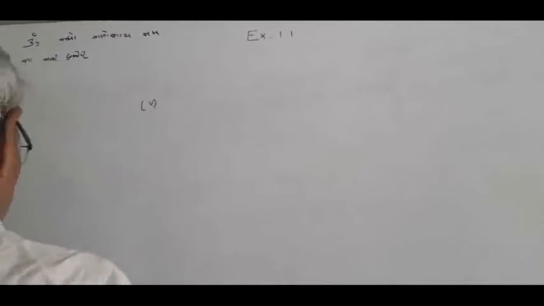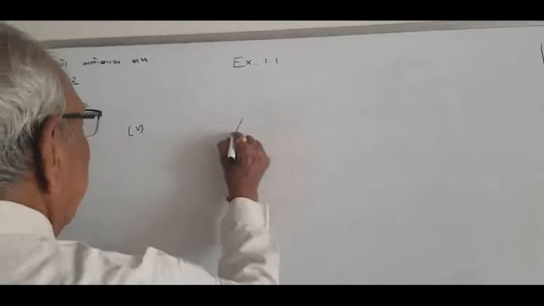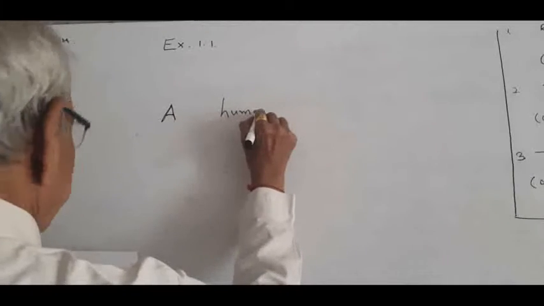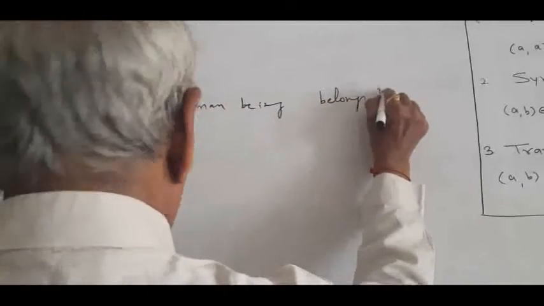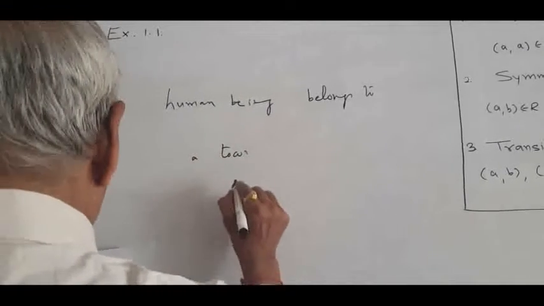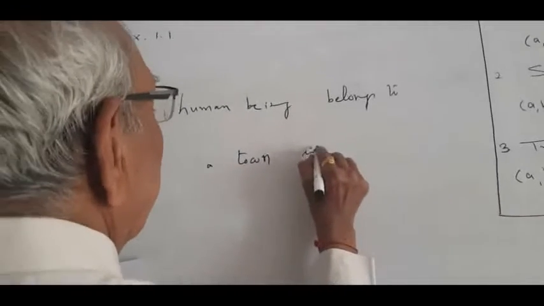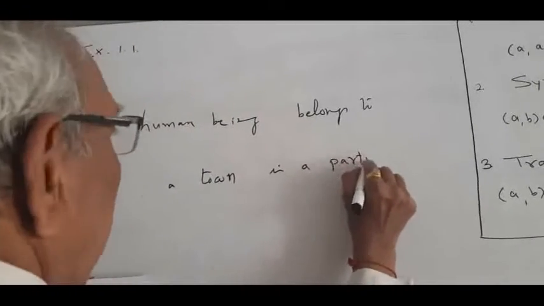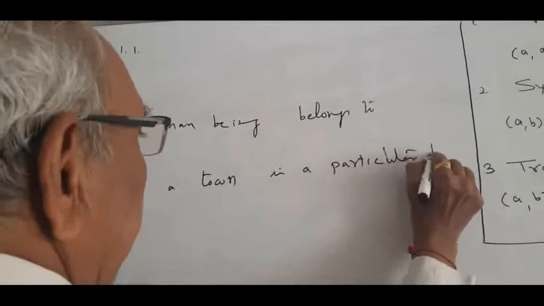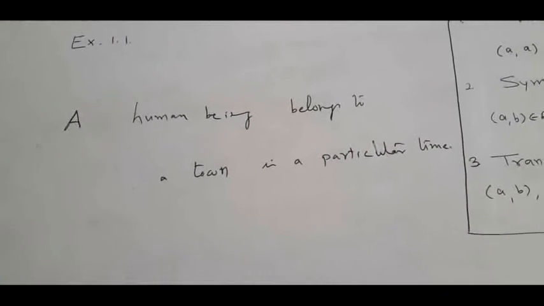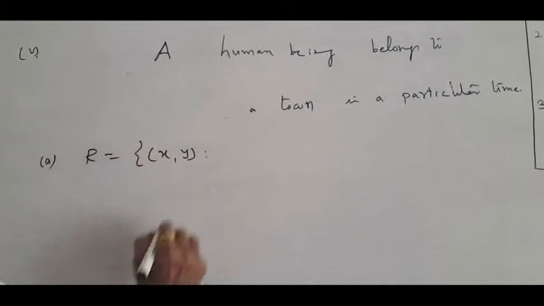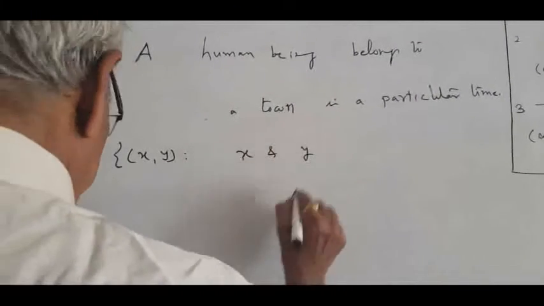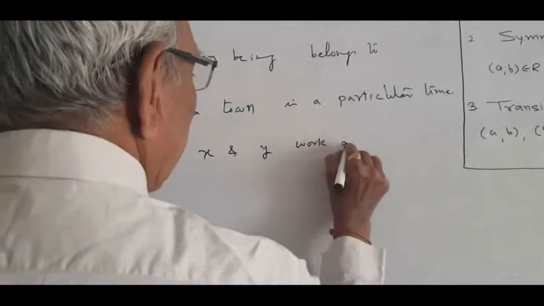This relation is an equivalence relation. In the fifth, here relation R is in the set A, where A is the set of human beings belonging to a town at a particular time, where R is the set of ordered pairs (x, y) where x and y work at the same place.